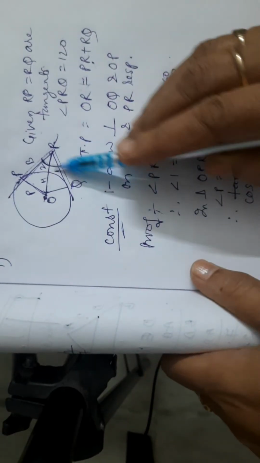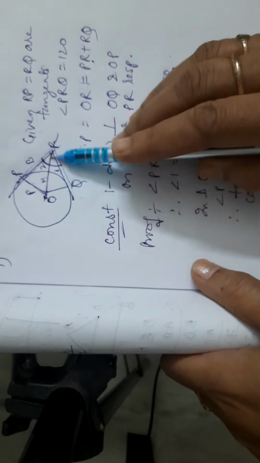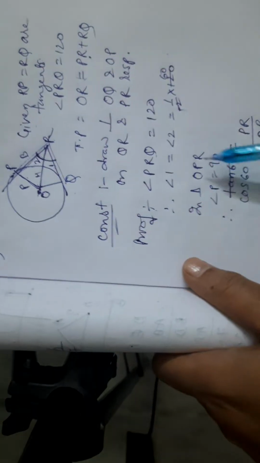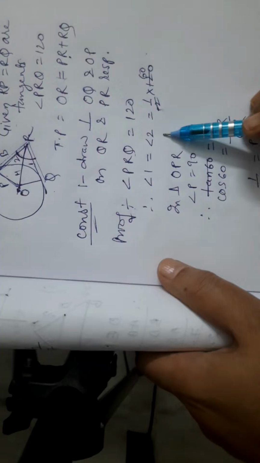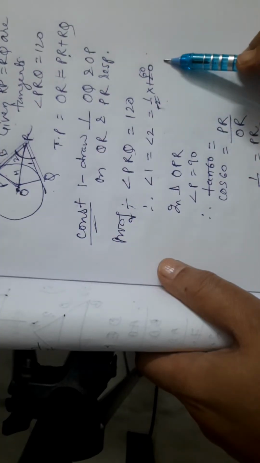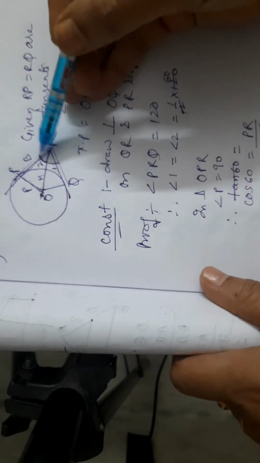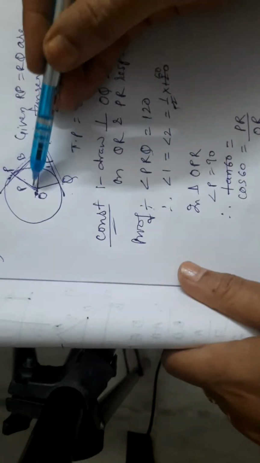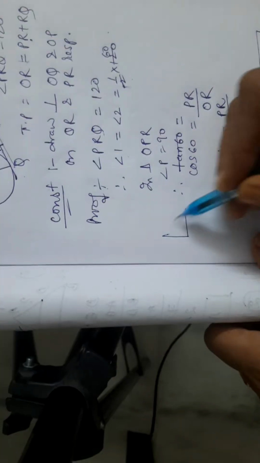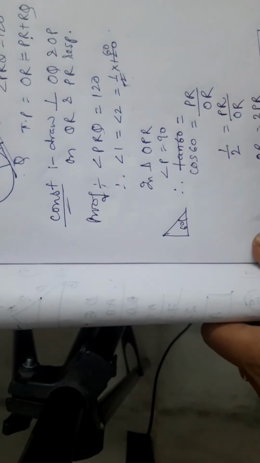We can divide the angle into two parts as both the angles are congruent. So here angle 1 and angle 2 will be half of 120. Half of 120 is 60. We got the value of this angle. Now let's start with the triangle here. We got the triangle in this way where this is given 60.